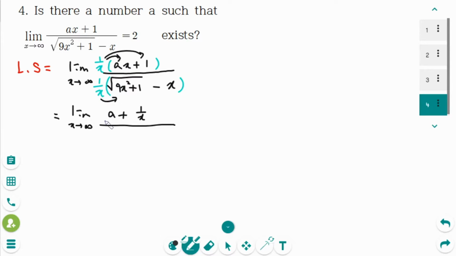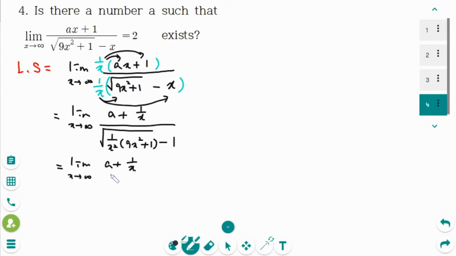This one, 1 over x, is the square root of 1 over x squared, and 9x squared plus 1 minus that one equals 1. And expand, the first one is 9. The second one is 1 over x squared, minus 1.